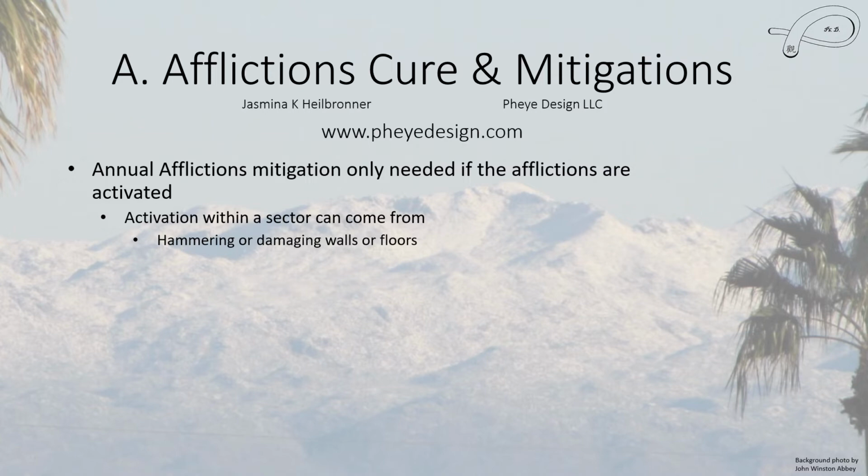Same thing if you have a problem perhaps with your sewage system and they have to get in there to replace a piece of your pipe, well, they'll be going through your floor. So these would be activations, and they would be really serious activations.